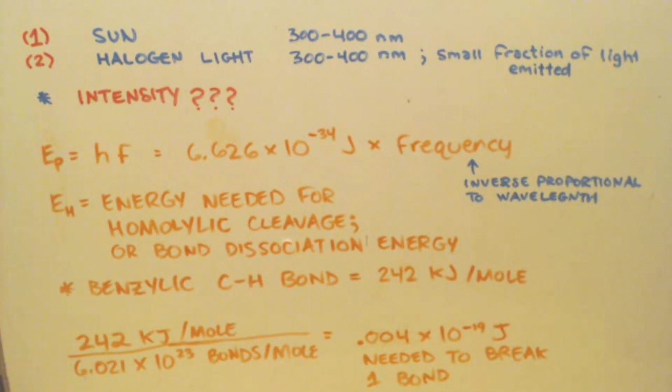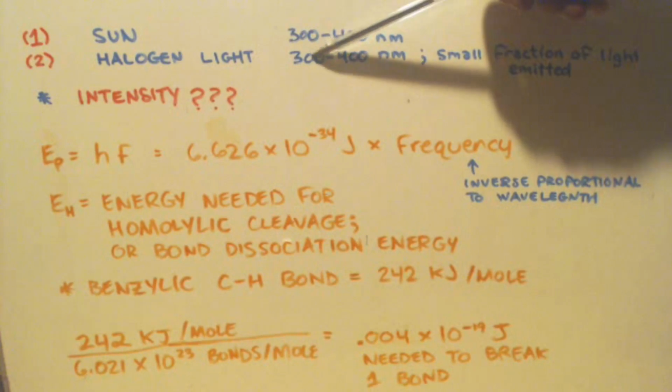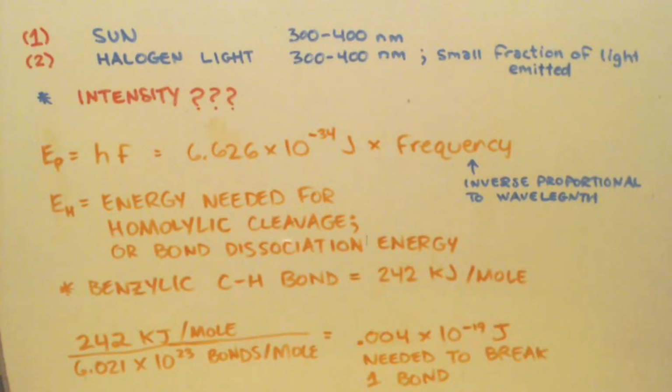A halogen light, and I made a video about this, my UV source will be a halogen light. It produces UV light from 300 to 400 nanometers. The bad thing about it is only a small fraction of the light emitted is actually UV. But I think people have told me that it's good enough.